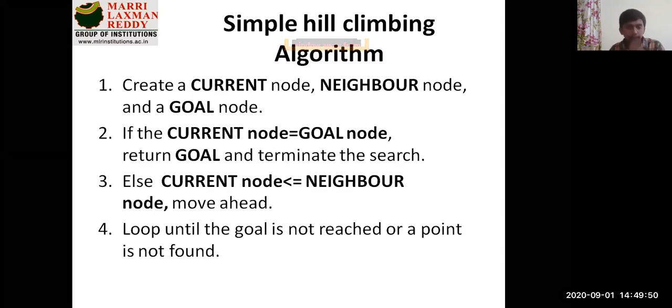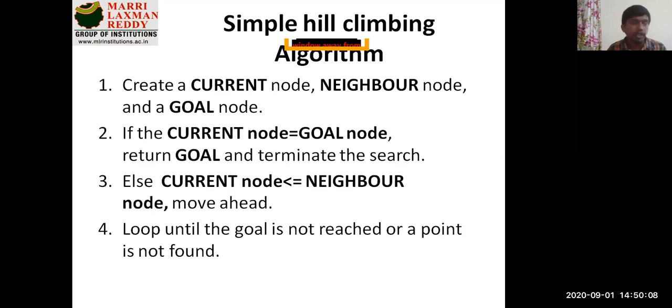Step 2 is, if the current node is equal to the goal node, the goal is reached and we stop the process. Sometimes you can reach the goal state directly and easily, but in hill climbing it's not so easy. You need to follow a lot of movements.